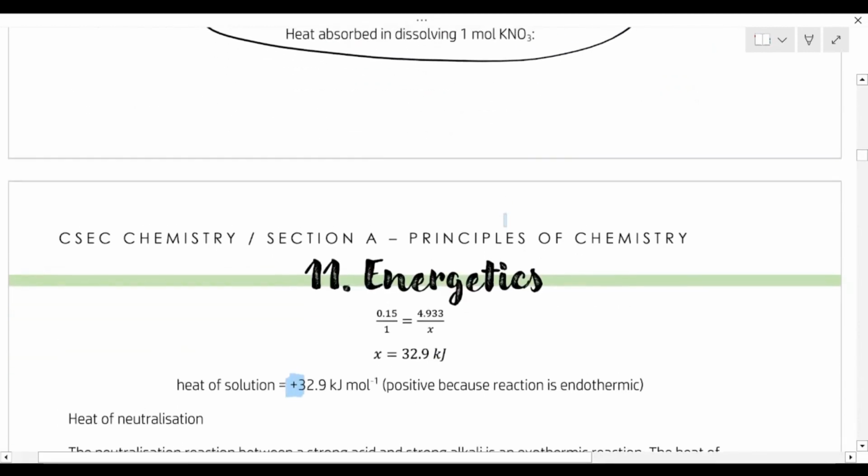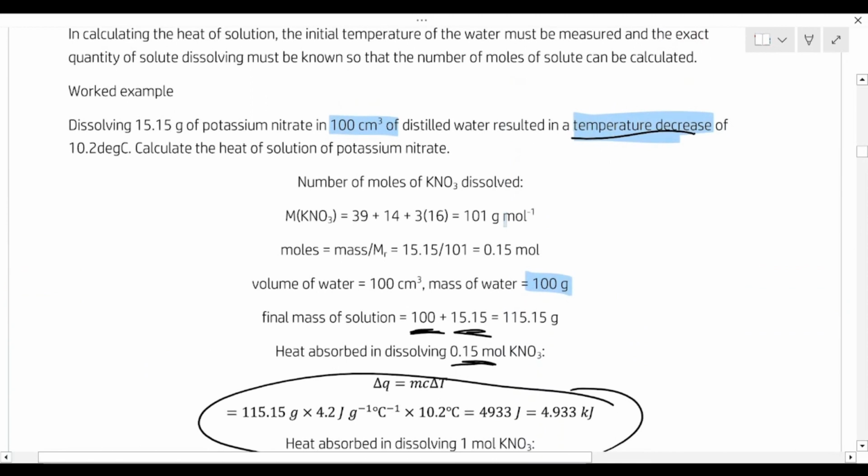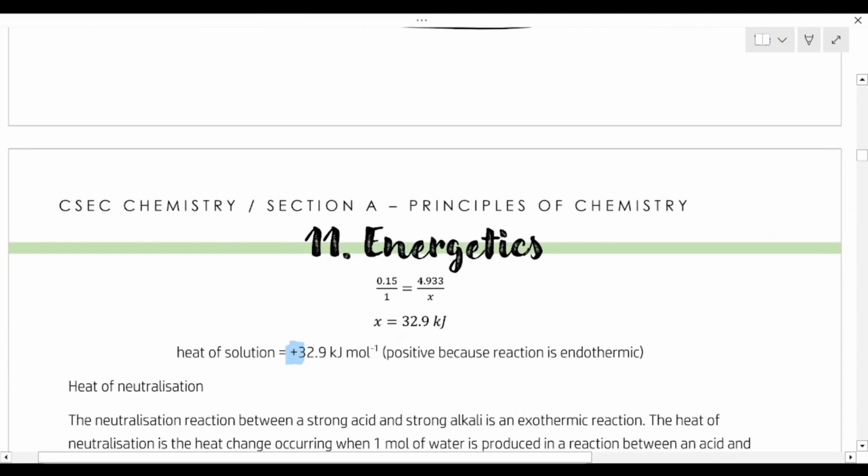It's important when you're writing your final answer to take note of what it tells you in the question. Because if it says that the question results in a temperature increase, when you're doing your calculations, you're not going to be taking that into account unless you put the negative in there. Just make sure that in your final answer, you have positive if it's endothermic or negative if it's exothermic.